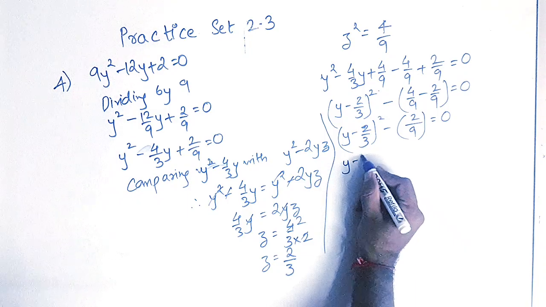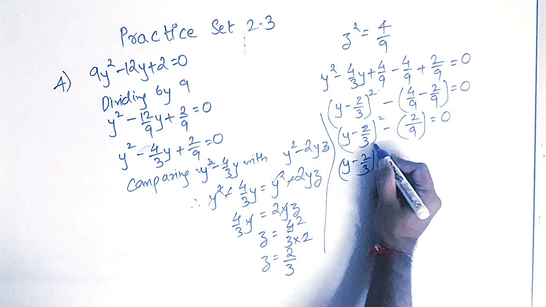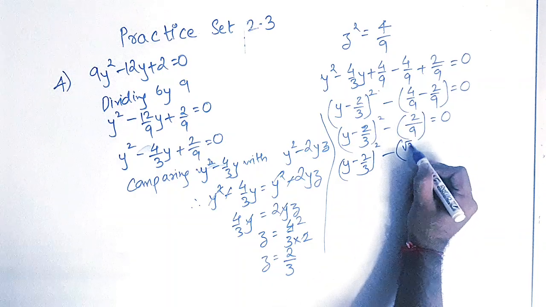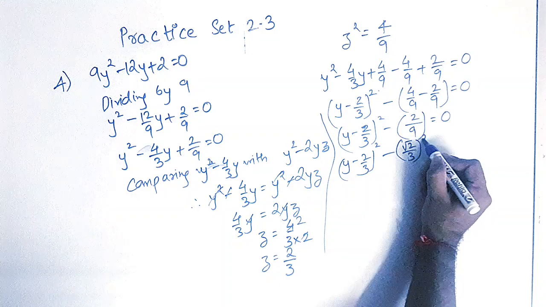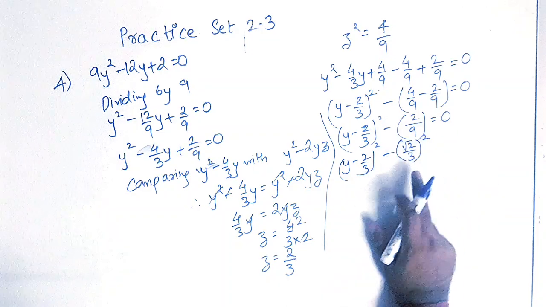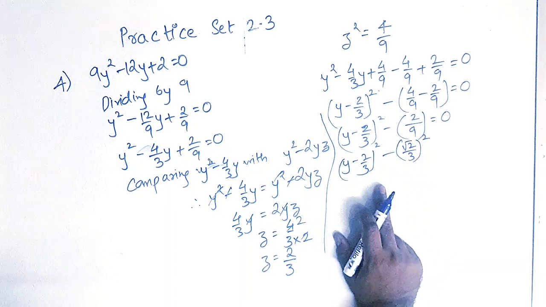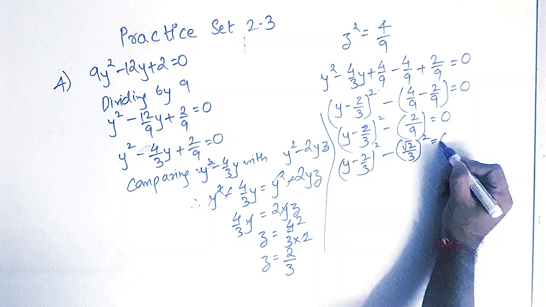Now this again as it is, because we have to convert this in root form, root 2 upon 3 the whole square. Unless and until we convert this into root form, only after that we can get a square minus b square form.